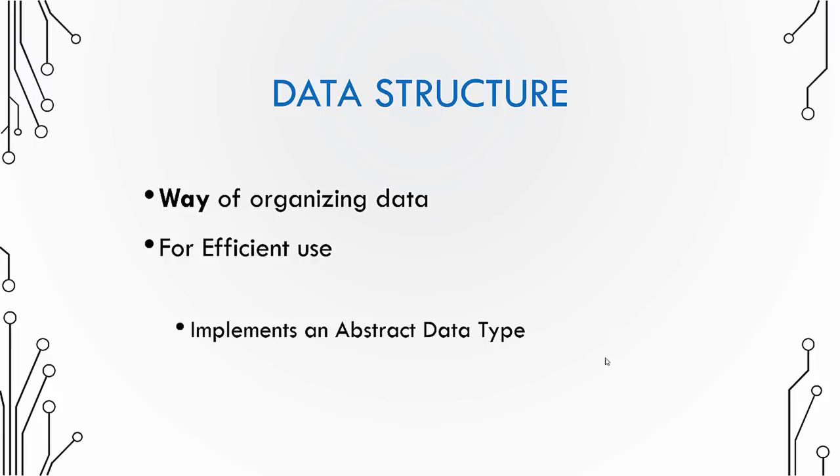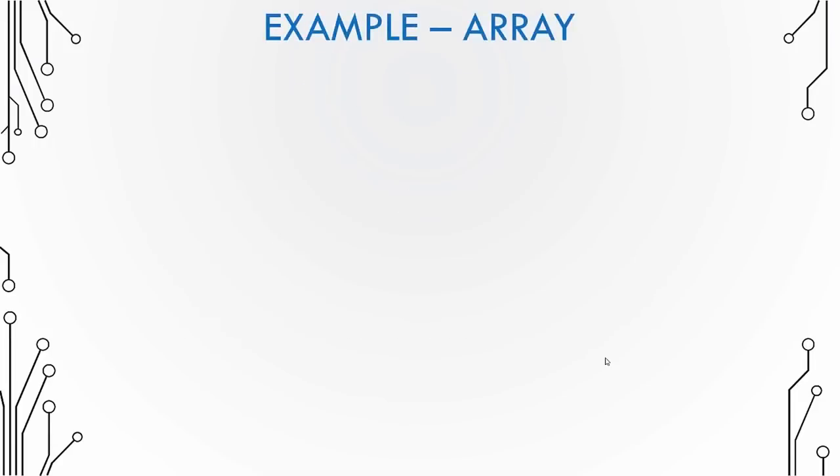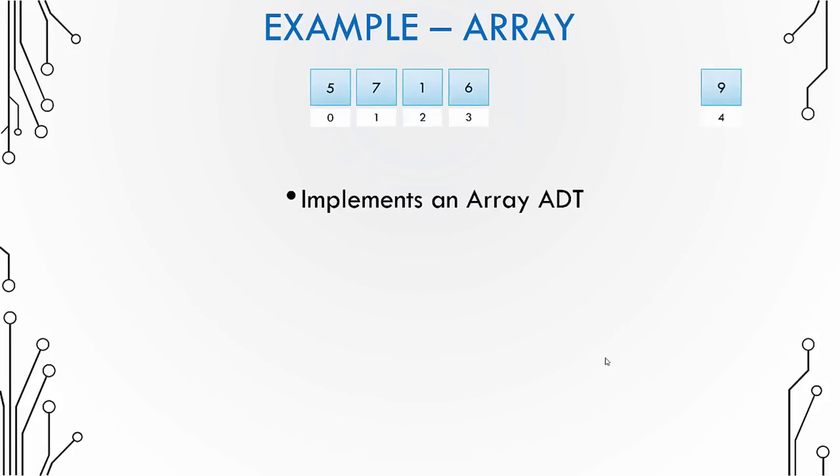Now let us take a look at an example of a data structure, an array. If you have some programming experience, you already know what an array is. The array data structure actually implements the array abstract data type. Now, an array abstract data type specifies that the array is a collection of objects and any object can be accessed randomly.